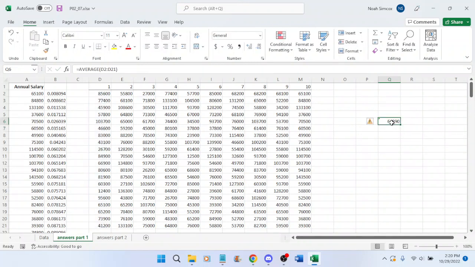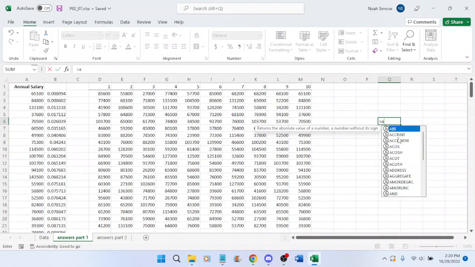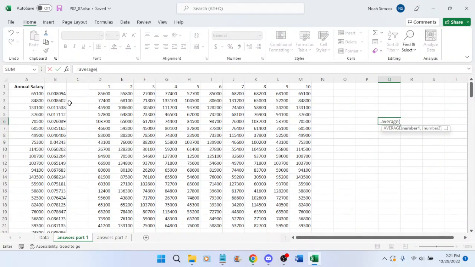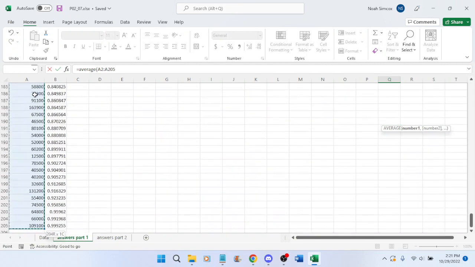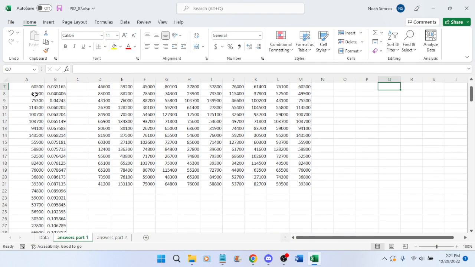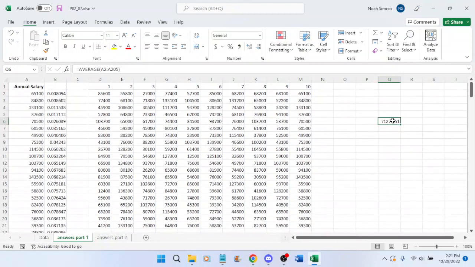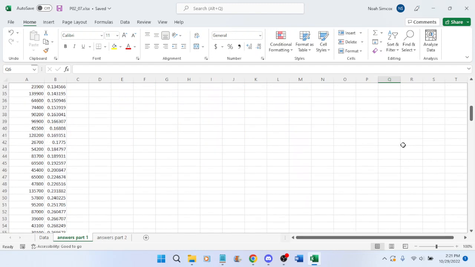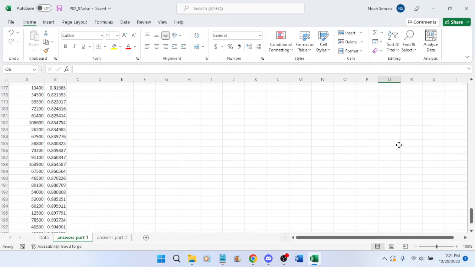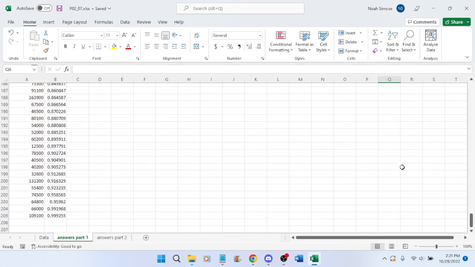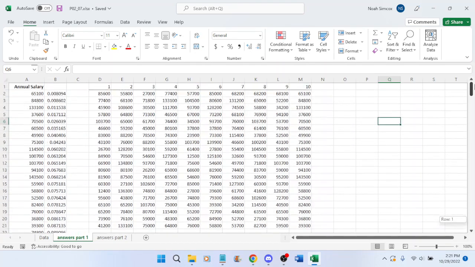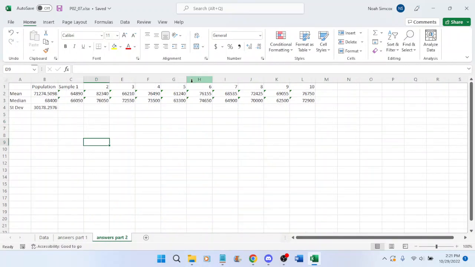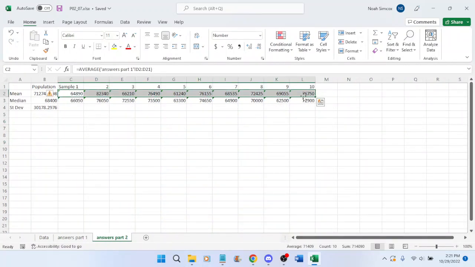But we didn't get an exact number equals average for all of these. Like what? Why? What? How are we getting exact numbers here every time?